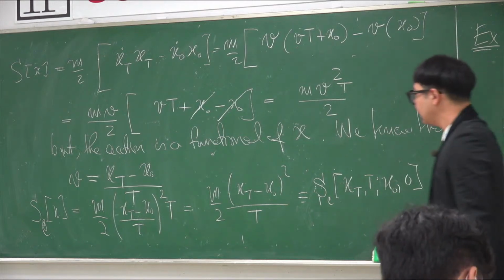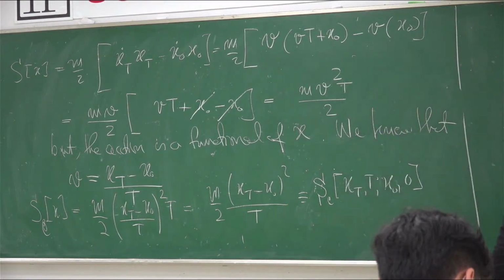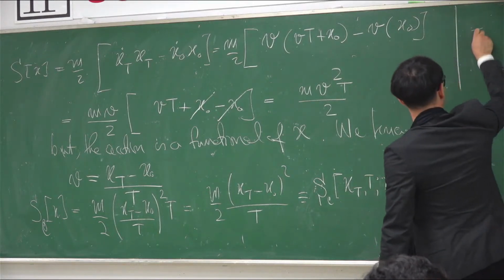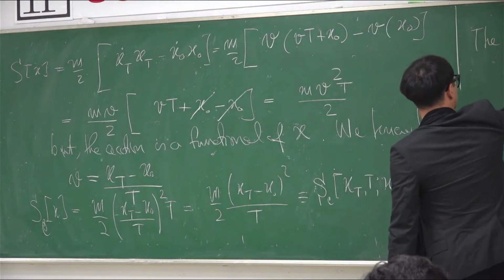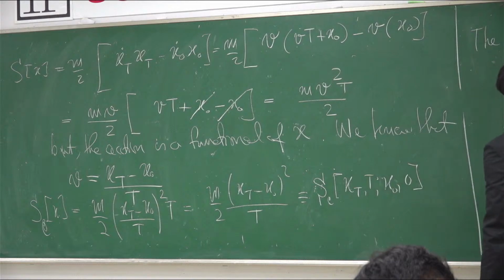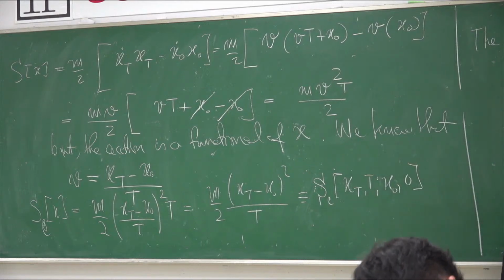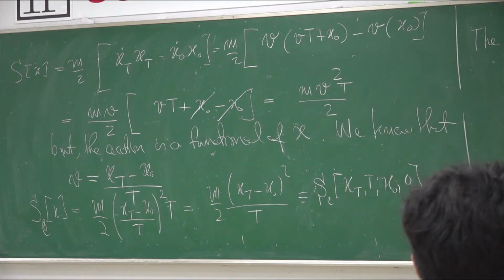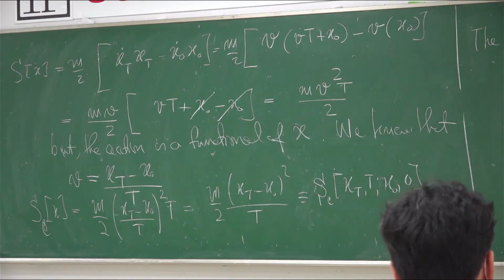Okay. Now, what is the propagator look like? Before we go into that, we need to compute the prefactor, which is f. Now it's going to be a function of time.